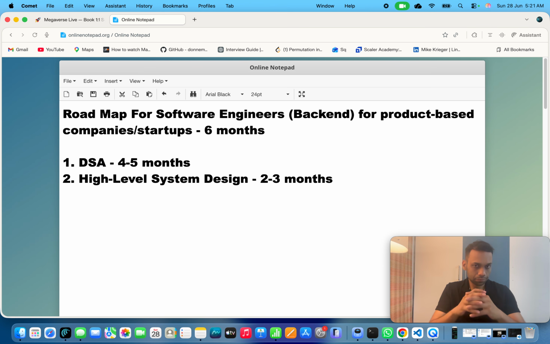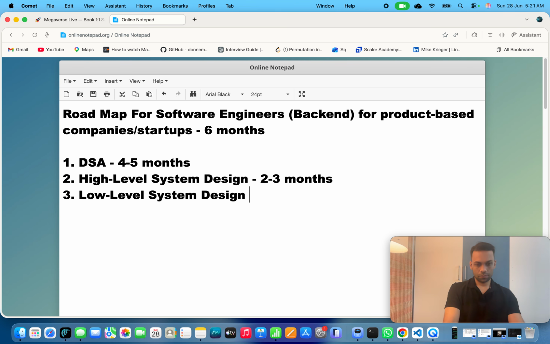Another topic that you need to focus on is low level system design. This again takes 1 to 2 months. This topic mostly covers how you design interfaces, how you design classes, and how you write the database schemas.